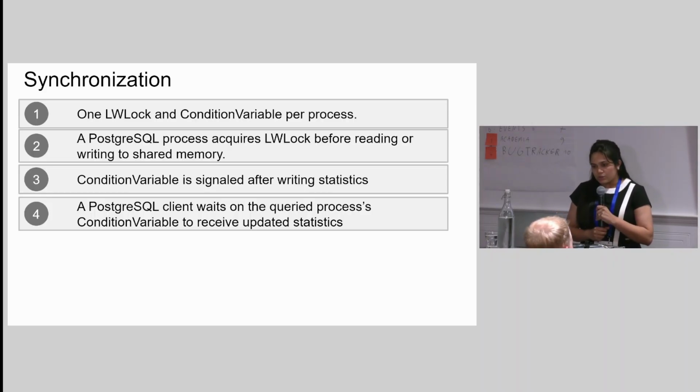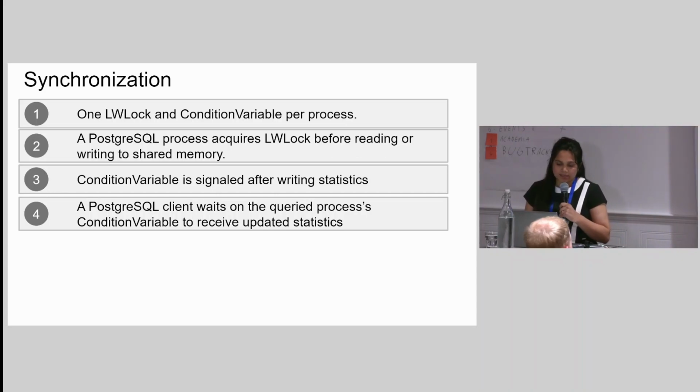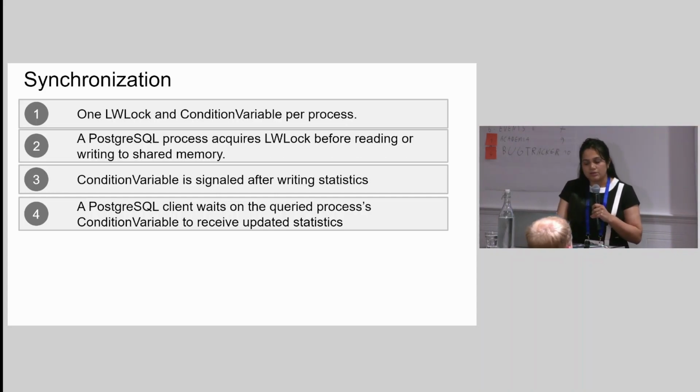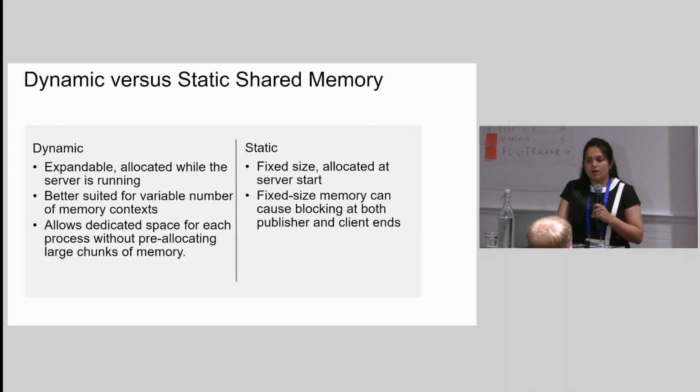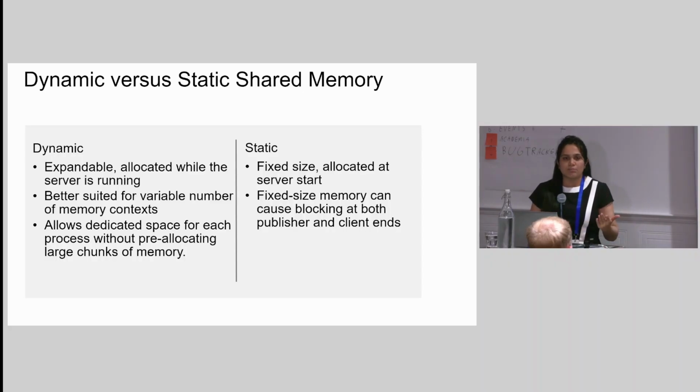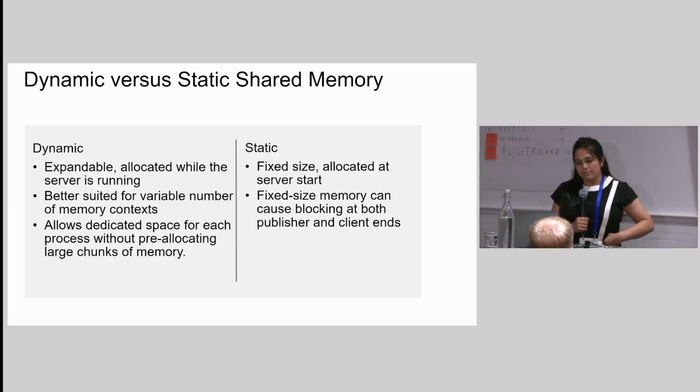So let's look into why dynamic versus static. By now it must be clear to you all that dynamic memory allows the use of expandable memory, which can be used to store a variable number of statistics. This way we can have a dedicated space for each process without pre-committing a large amount of memory.